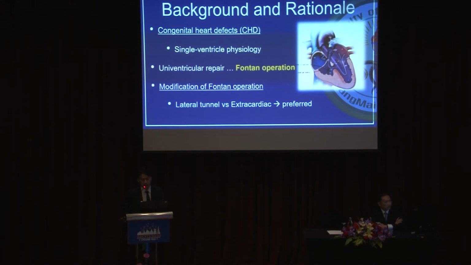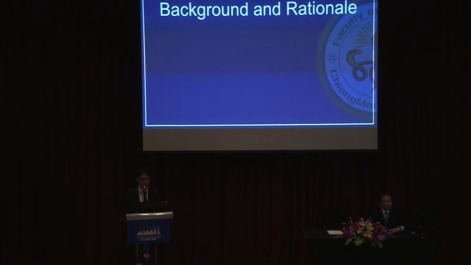Later, certain modification techniques were developed, including lateral tunnel and extracardiac Fontan procedures. And of course, extracardiac Fontan has become a preferred technique over decades for several reasons, according to previous evidence. However, patients with Fontan circulation are usually at risk of developing complications associated with increased pulmonary and systemic venous pressure.